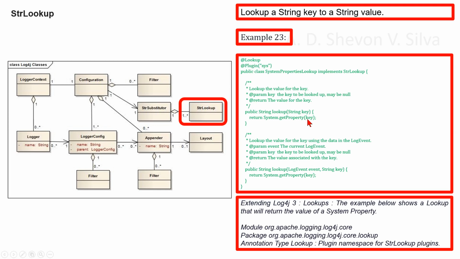The provided lookup here looks up the value for a key. @param key, the key to be looked up, may be null. The return value is the value for the key here.